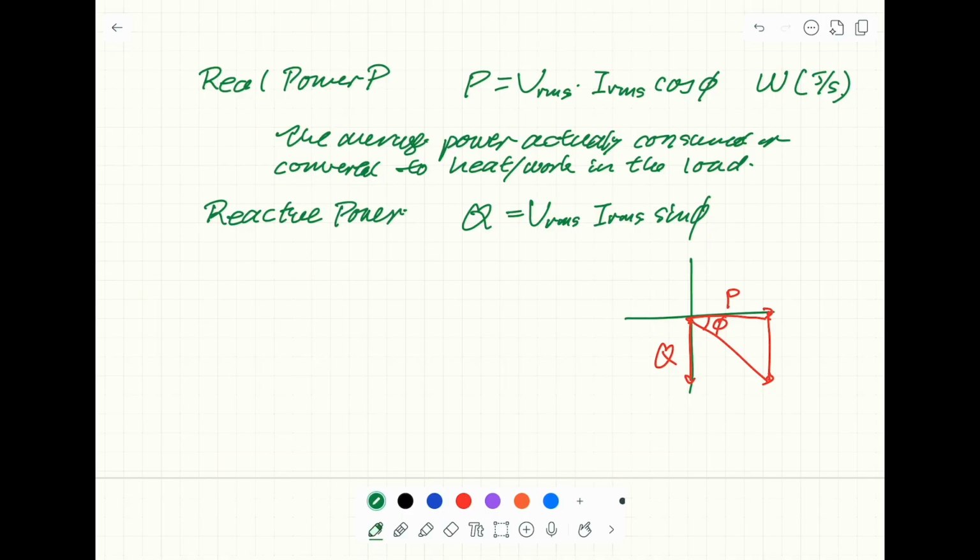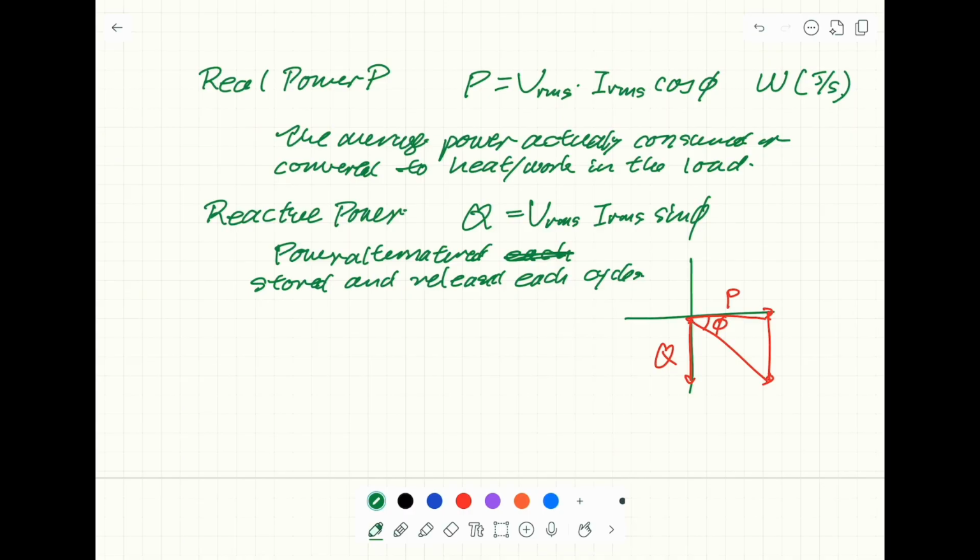So the reactive power is the power which is alternatingly stored and released each cycle by a capacitor or inductor.